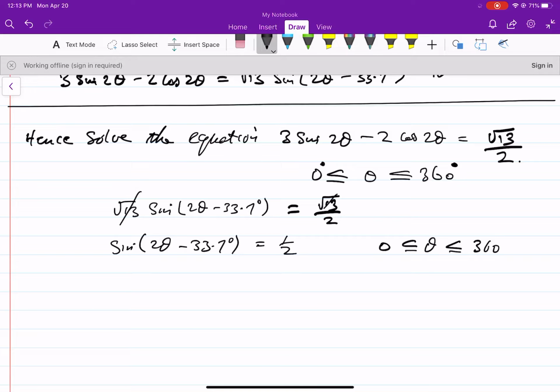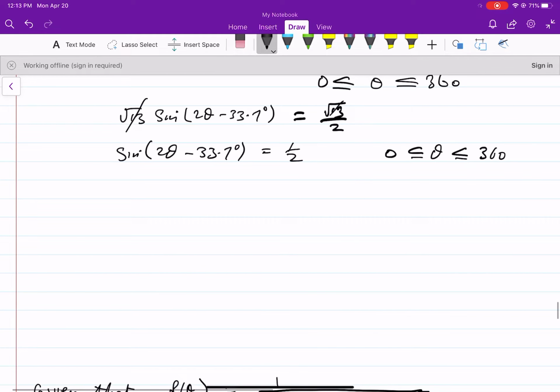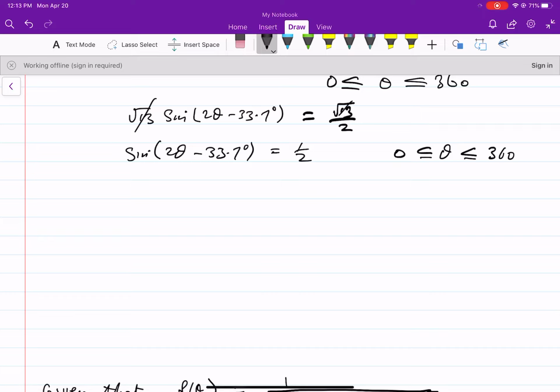Now, again, it's a little more tedious to try to do this using the CAST diagram technique. Notice how I've strategically moved over to the general solution technique most of the time. Most of the problems I have, I use the general solution technique and then plug in values of n into the general solution to find a solution within a specific range.